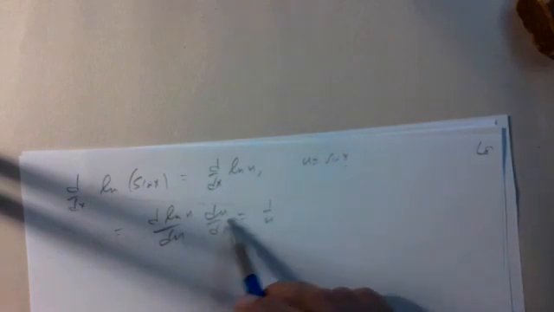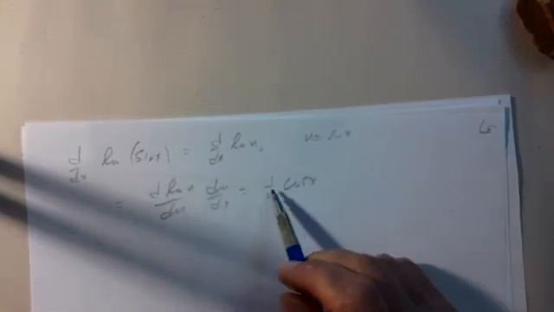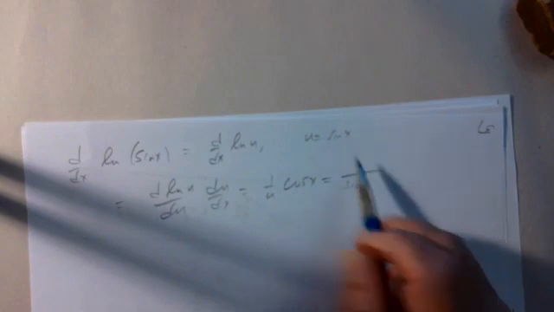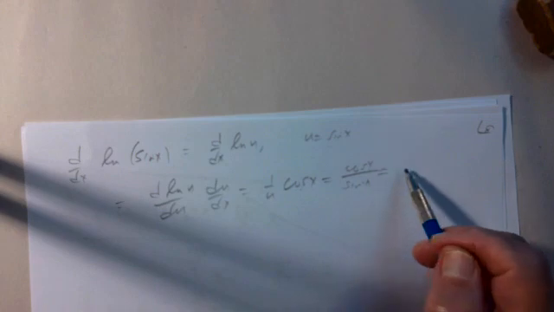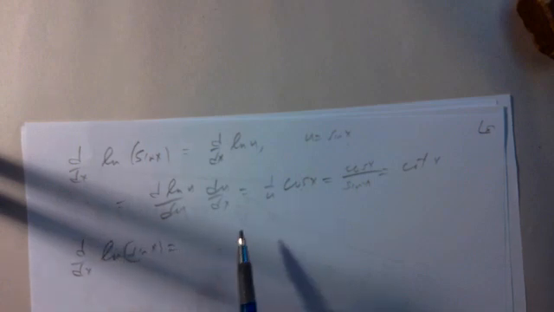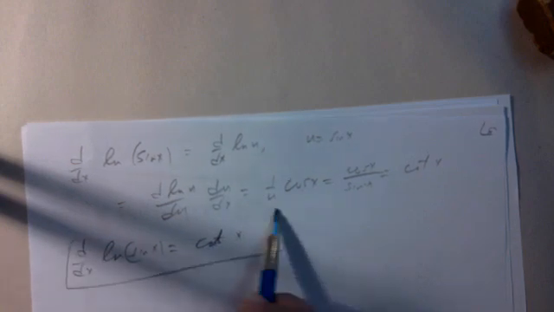U is sine x, and the derivative of the sine is the cosine. So we get 1 over the sine, times the cosine. That's exactly the cotangent. So we have this nice formula: the derivative of the log of the sine of x is the cotangent of x.